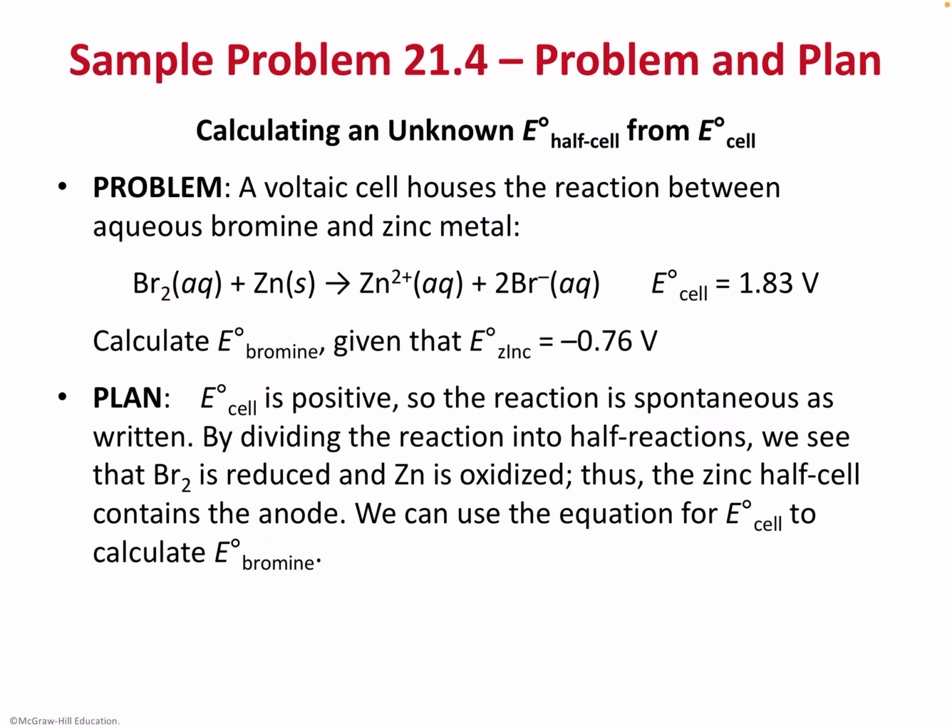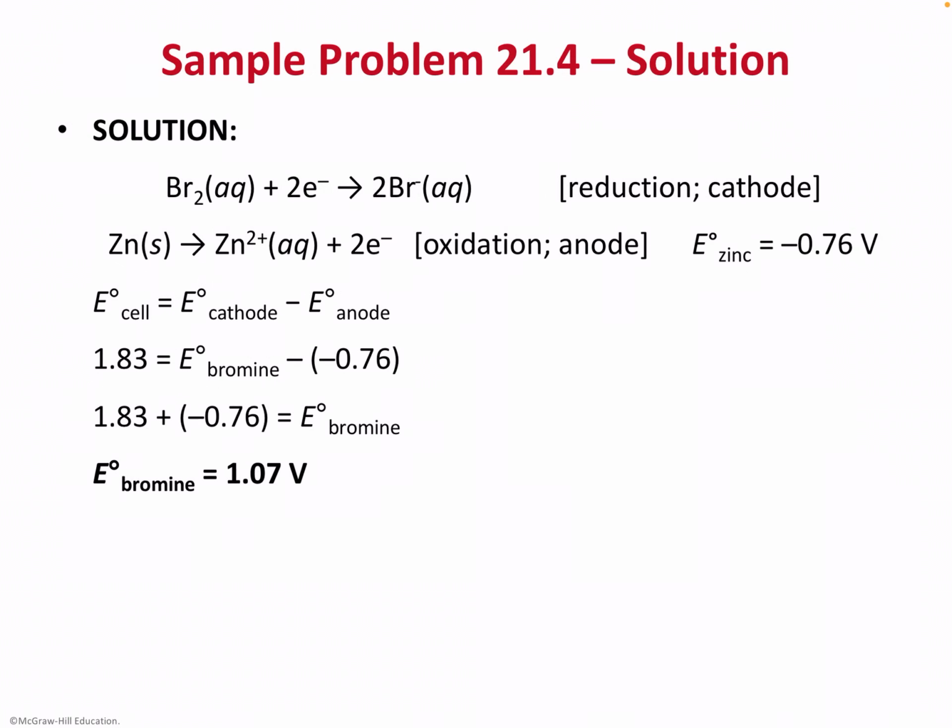Remember our equation is E0 cell equals E0 cathode minus E0 anode. This is the reduction: bromine taking up 2 electrons becoming 2Br minus, which is the cathode. And then zinc becoming zinc 2 plus and 2 electrons, oxidation, which is the anode. We were given E0 zinc is negative 0.76 volt, and E0 cell 1.83.